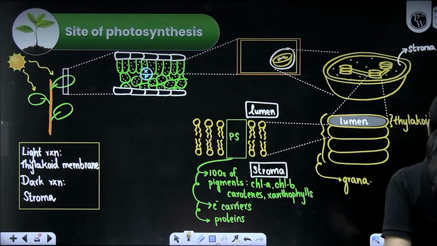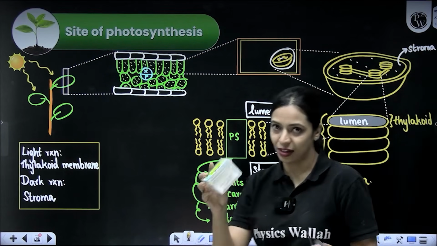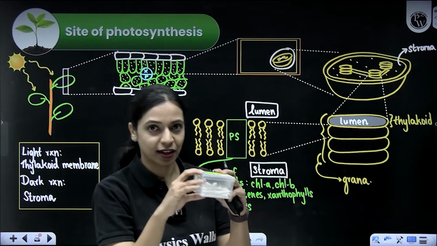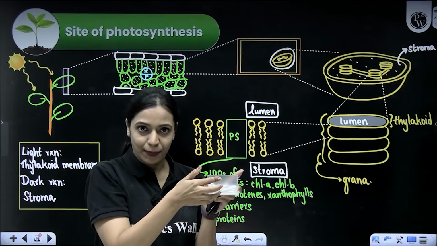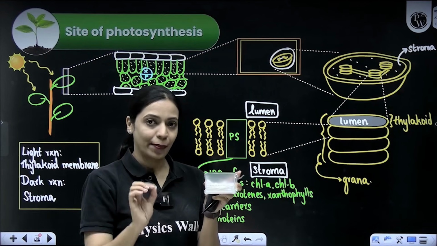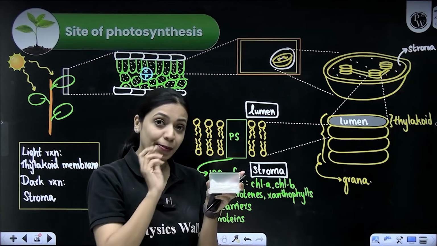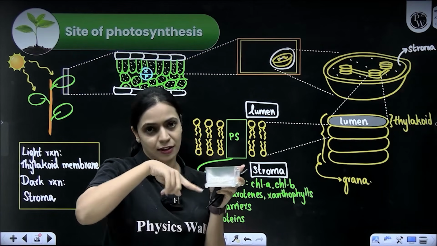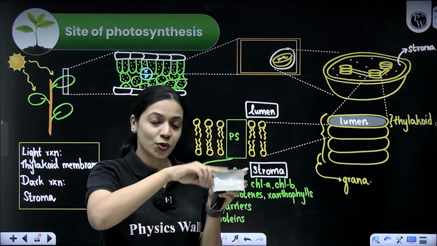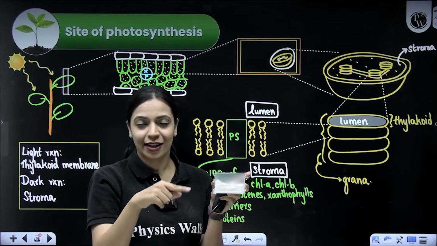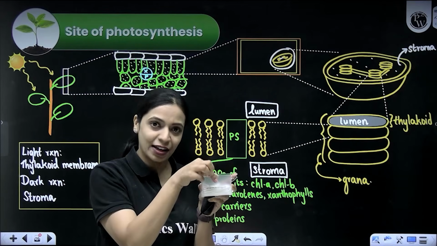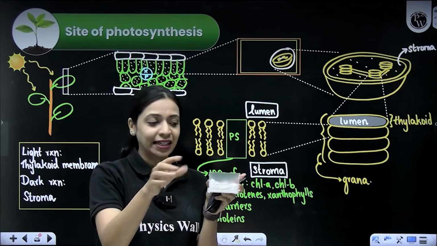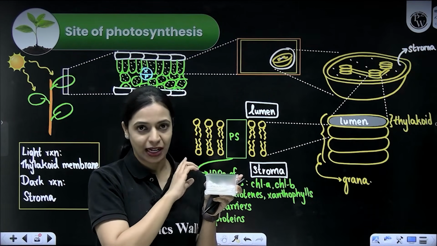See, if this is the thylakoid, let's say, located inside the stroma, in this membrane light reaction is happening. When light reaction happens, ATP will get produced. The ATP that is getting produced will get released here in the stroma. Using that ATP, dark reaction or glucose synthesis will happen inside the stroma. So the light reactions site is the thylakoid membrane, stroma lamellae.